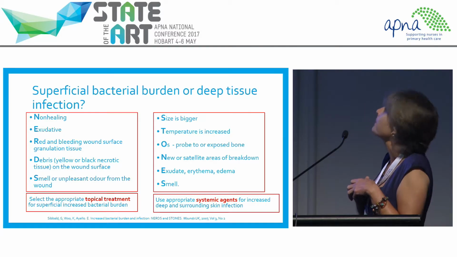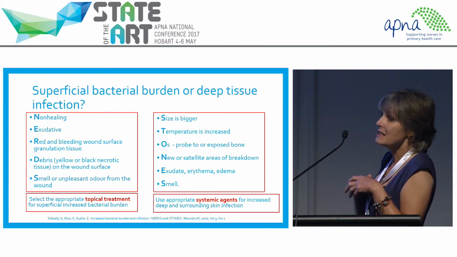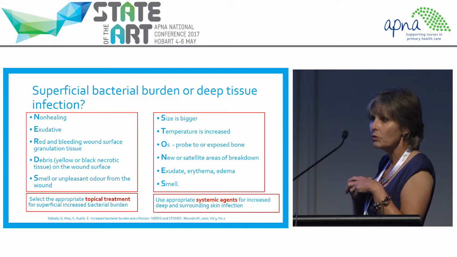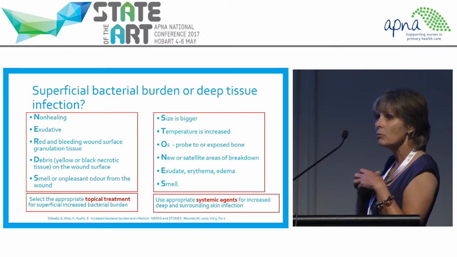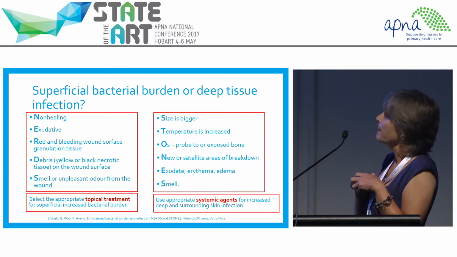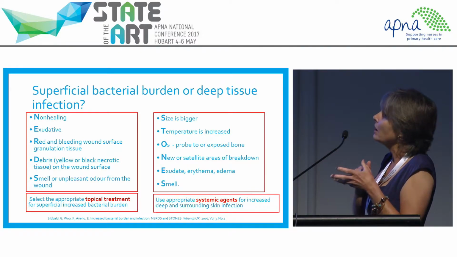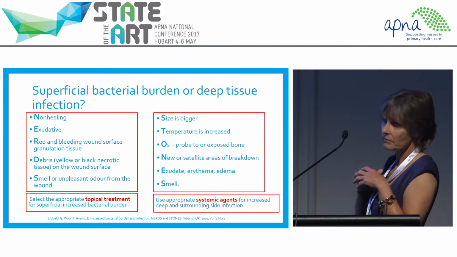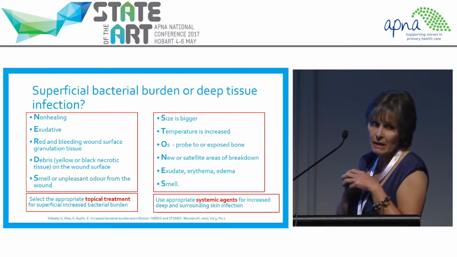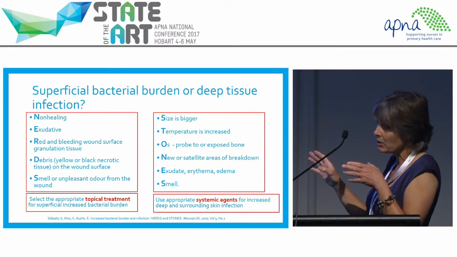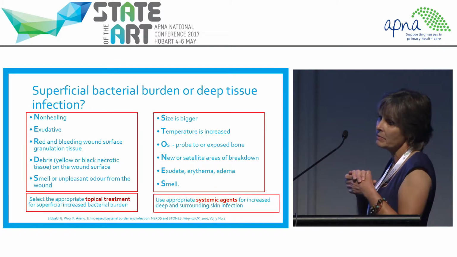However, if the wound is getting bigger, if there's satellite areas, so last week you had one wound, this week you've got lots of small wounds around that wound, or you've got bone exposed, or you can actually feel bone in there, or you've got a big increase in exudate or erythema or edema, and it is quite offensive smelling, then these are cases to consider a topical treatment as well as systemic antibiotics.